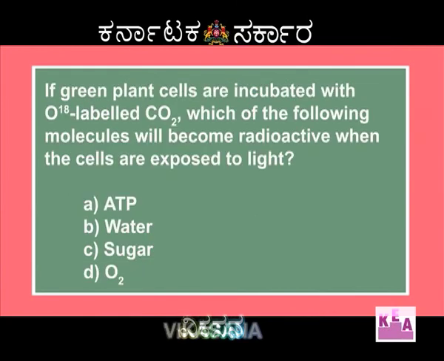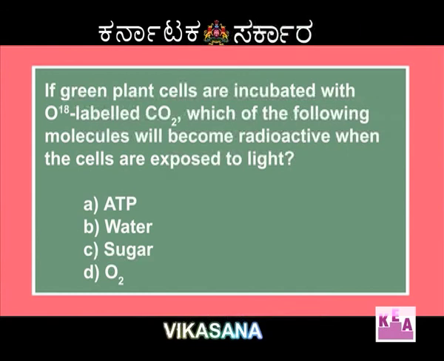The next question: if green plant cells are incubated with oxygen-18 labeled carbon dioxide, which of the following molecules will become radioactive when the cells are exposed to light? The options are option A, ATP; option B, water; option C, sugar; option D, oxygen.